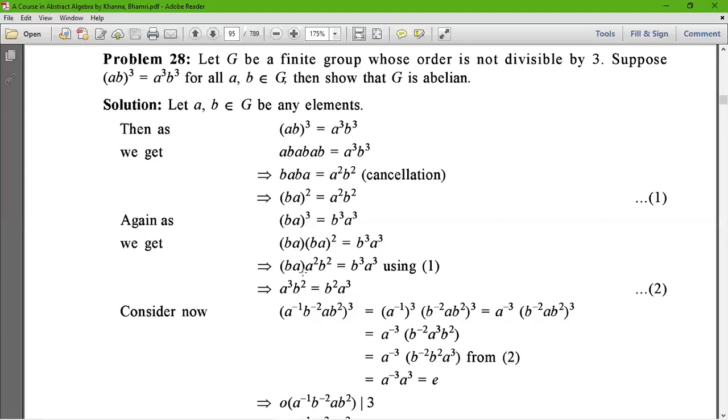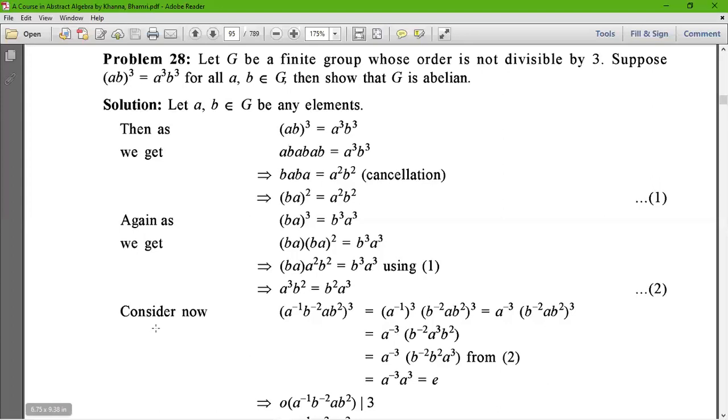Again, after multiplying we get b a^3 b^2 equals b^3 a^3, and using cancellation law and cancelling b, we get a^3 b^2 equals b^2 a^3, equation 2.